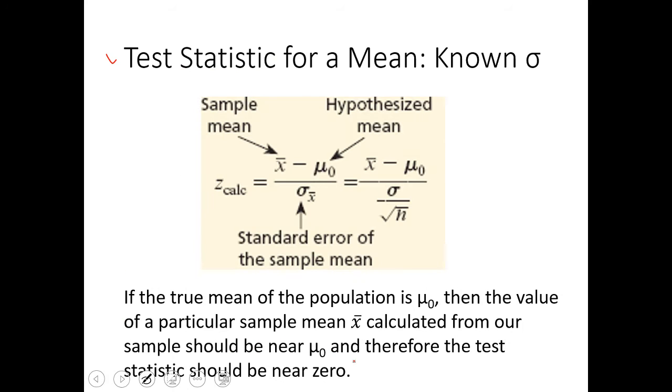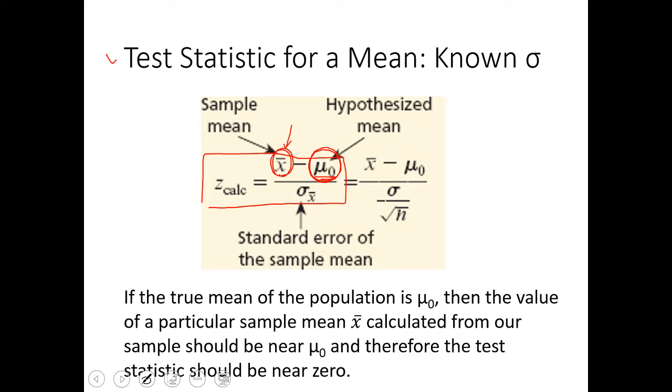Our z statistic is this value. The sample mean is obtained by calculating it using the collected data samples. We don't know the population mean, but we have a benchmark mean for this x bar.